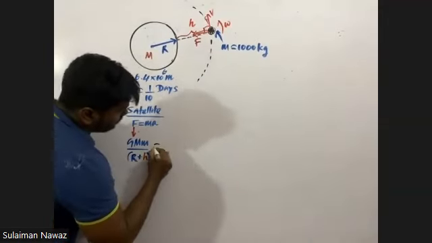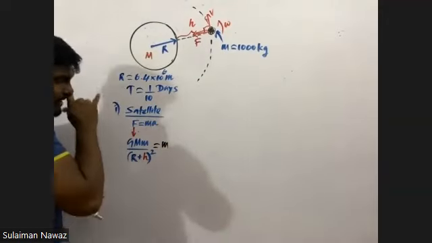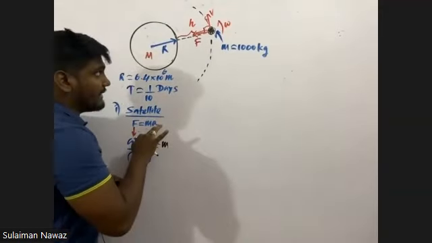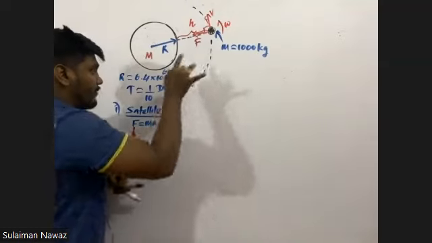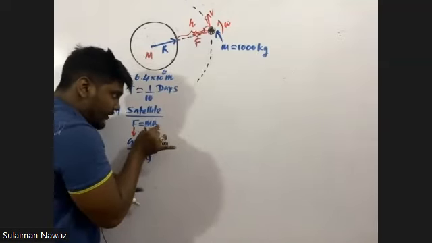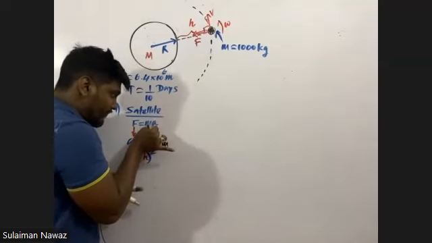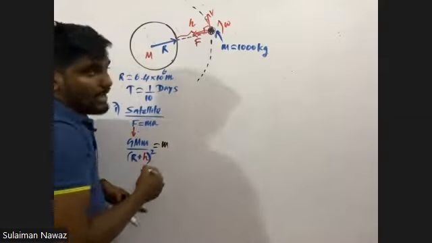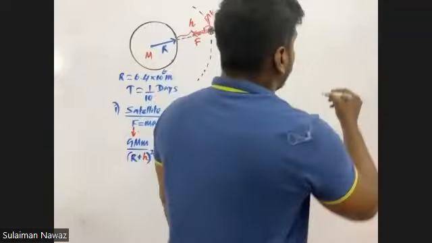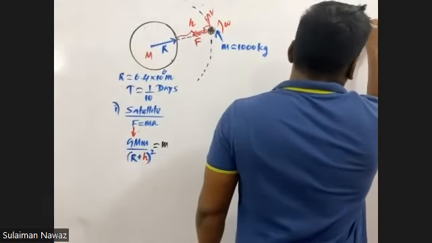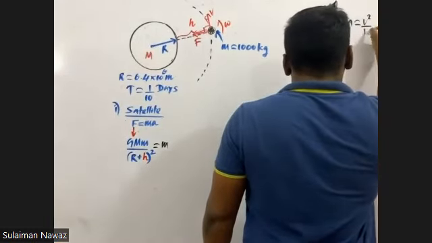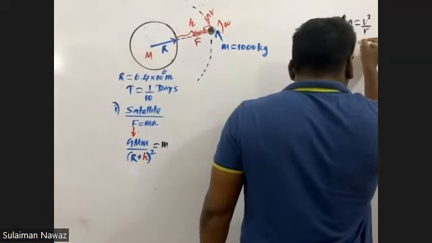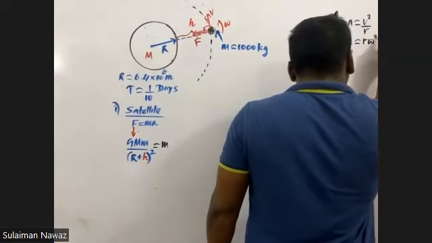This must be equal to m times the centripetal acceleration. Centripetal acceleration I can write in two different ways: tangential velocity squared over r, or r omega squared.